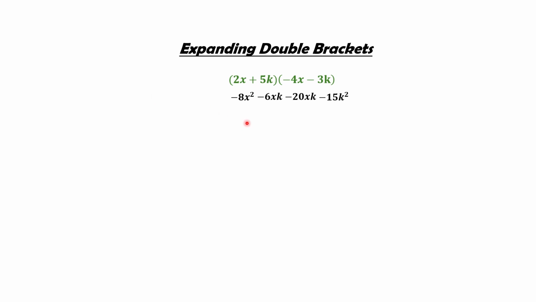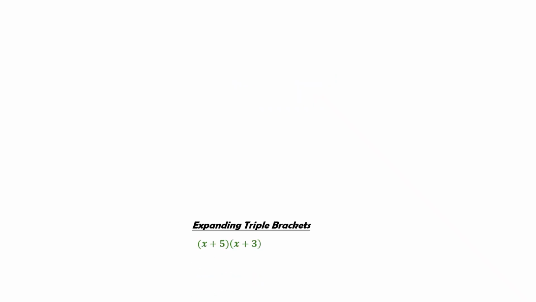Have you noticed the negative 6xk and negative 20xk look alike? So we'll combine them together. So we'll have negative 8x squared, negative 6 minus 20 is negative 26xk, and then minus 15k squared. And that's your answer for this question.